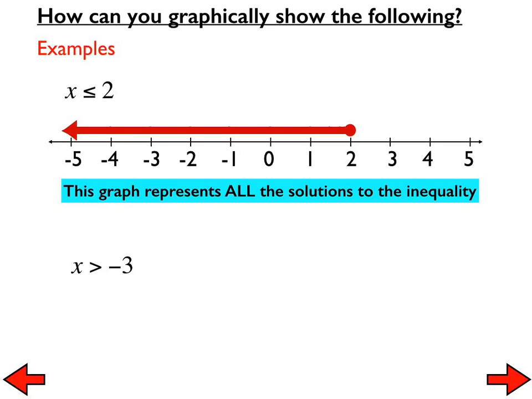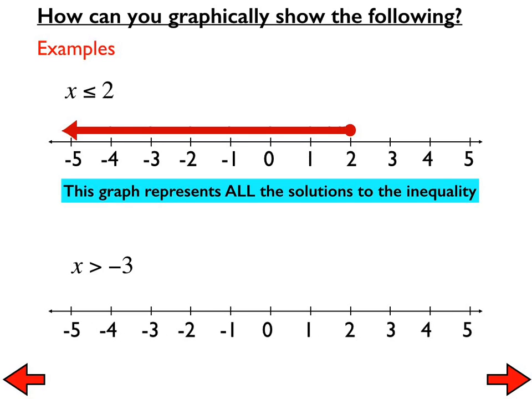All right, here's our next one. X is greater than negative 3. Let's create another number line just like the first one. X is greater than negative 3. Could somebody give me a number that we could put in for x that will make a true statement? Negative... just keep on going to positives.